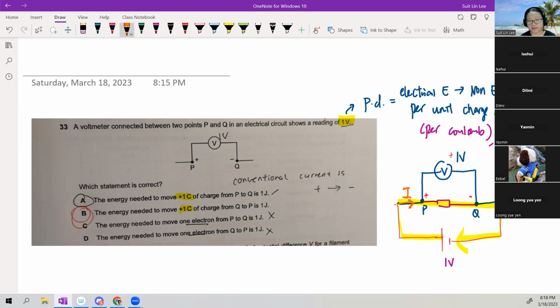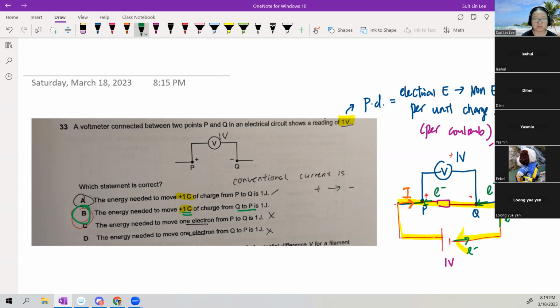The reason why there is current flow is because there are electrons flowing in the opposite direction, right? So your electrons will be flowing this way. So your charge is from Q to P. So the answer is B. You can treat the 1 coulomb of charge as a magnitude of charge rather than a polarity of charge.